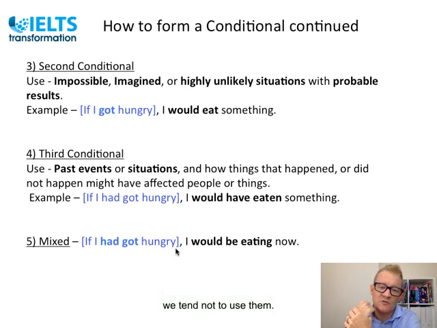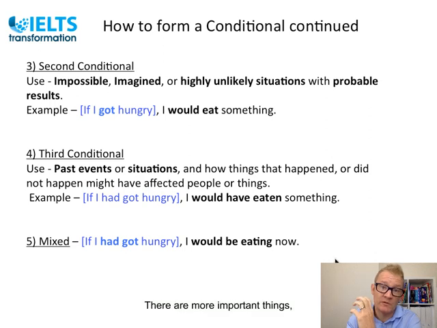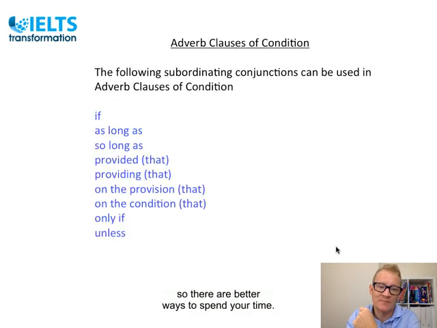We tend not to use them. You might use them more in the speaking test, these type 4 and type 5, but I wouldn't worry too much personally. There are more important things. There are easier things to learn and more important things, so there are better ways to spend your time.